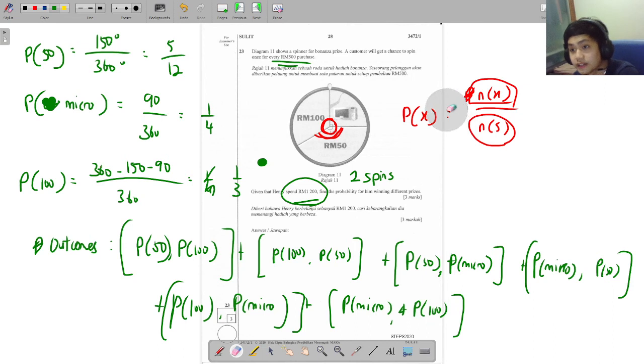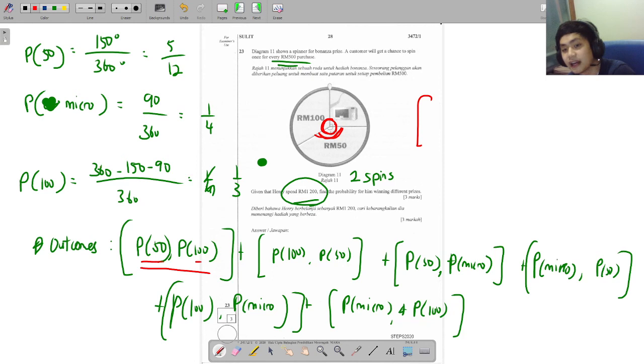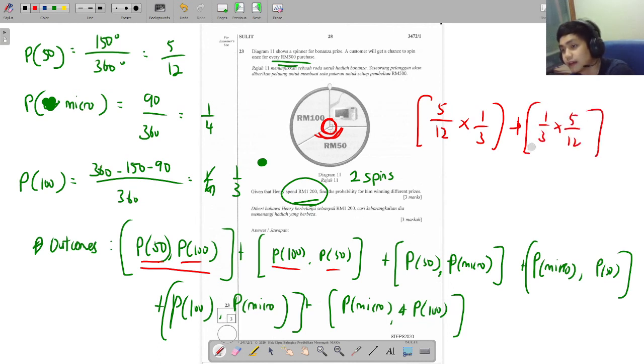Since we know all of the probabilities, we can solve it. In other words, P(50 and 100), right? You notice that the probability of getting 50 then 100, and 100 then 50, is the same thing. If I write it down, the probability of 50 is 5 over 12 times the probability of 100 ringgit, 1 over 3, and the other order is 1 over 3 times 5 over 12. They are the same thing.